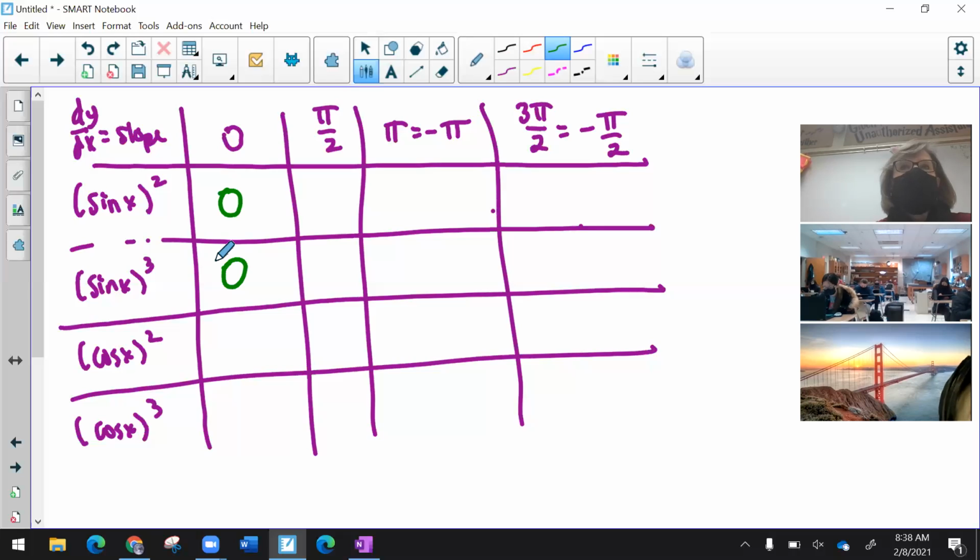What is the cosine of 0? 1 squared is 1, 1 cubed is 1. What is the sine of pi over 2? 1, so 1 squared is 1, 1 cubed is 1. What is the cosine of pi over 2? 0 squared is 0, 0 cubed is 0.